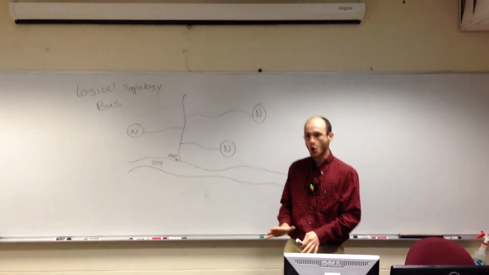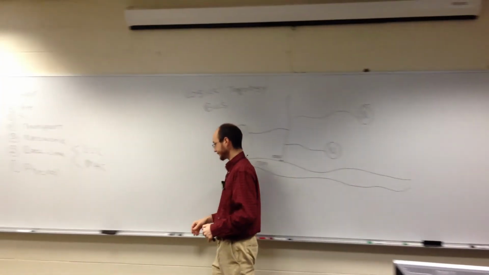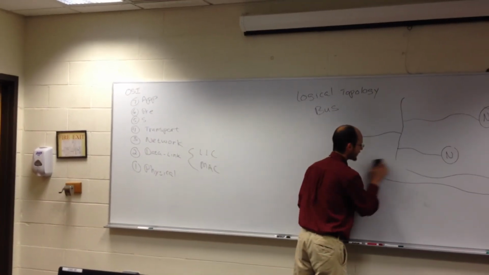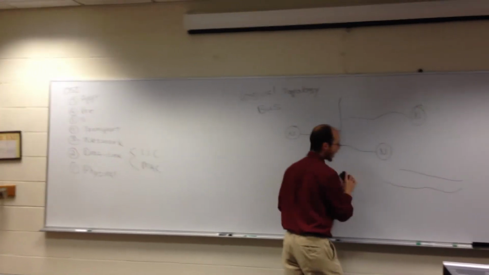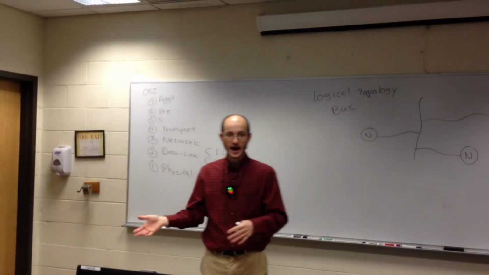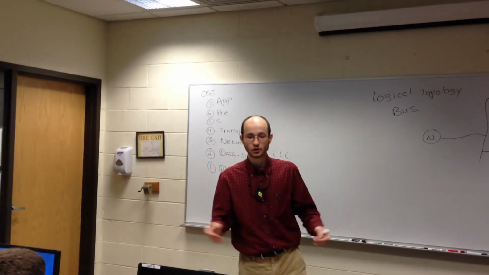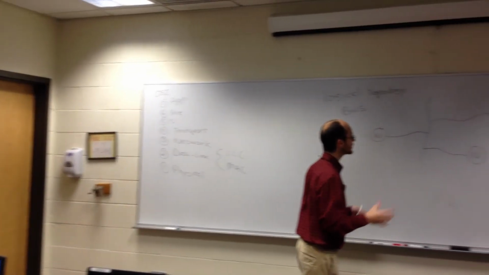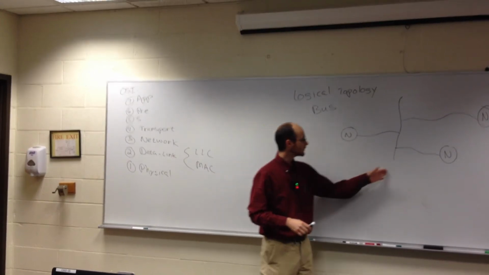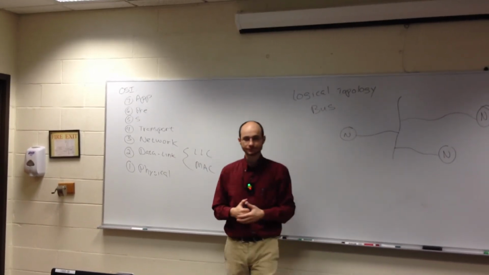We have no way of controlling who's sending what. In fact, we don't know who's going to send it. I don't know what my neighbors' schedules are, when they're going to be leaving their house and when they're going to come home. I have no clue. We call this non-deterministic. It's unpredictable, the traffic that comes down this main line.